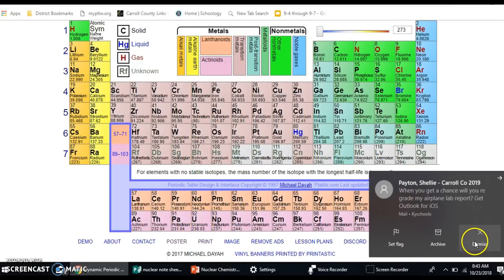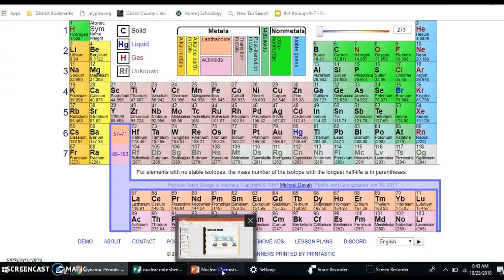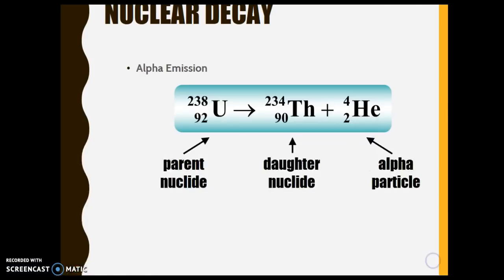So notice that number is past bismuth. Here's 83, right? So we know that this is going to be an unstable isotope. And when it decays, again, this is how it decays through alpha emission. So we see it on our reactant side. We start with our uranium atom. This is called our parent nuclide, so that's what we're starting with, and it decays into thorium.